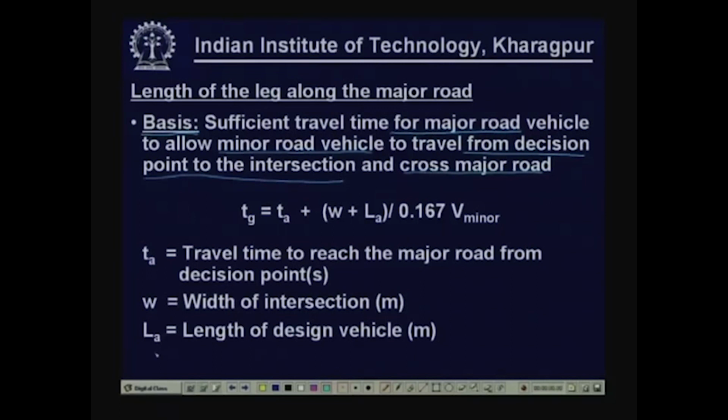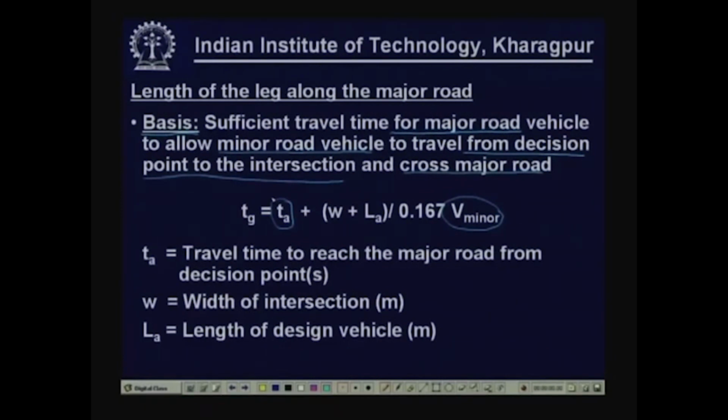So, if Tg is the total time required, then Tg is expressed as Ta plus (W plus La) divided by 0.167 V minor, where V minor is the design speed or mid block speed for the minor approach or the minor road. Now, Ta is the component of time required to travel from the decision point to the intersection.